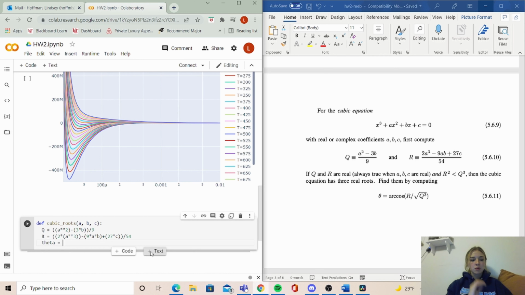Say theta equals, we're going to need to use numerical Python, which is np.arccos of R divided by the square root of Q cubed, which is the same as Q to the 3/2. So we can just say Q to the 1.5 power.